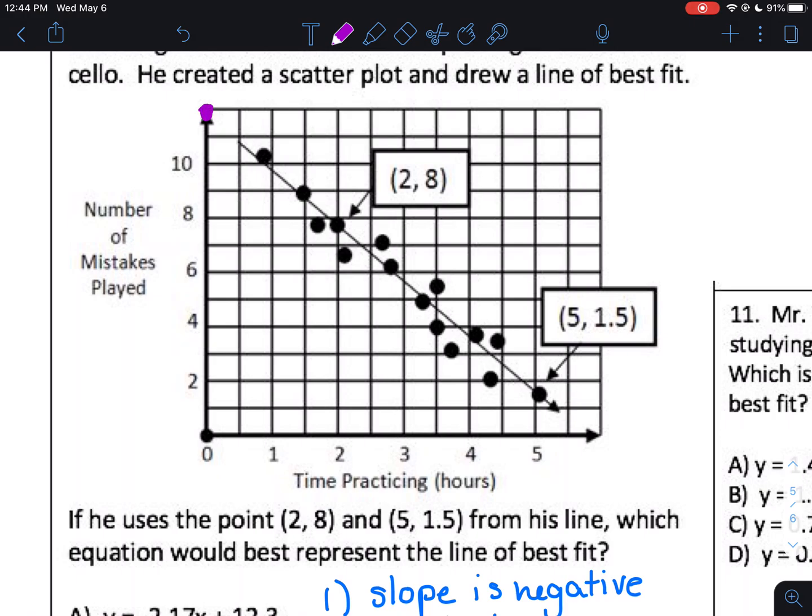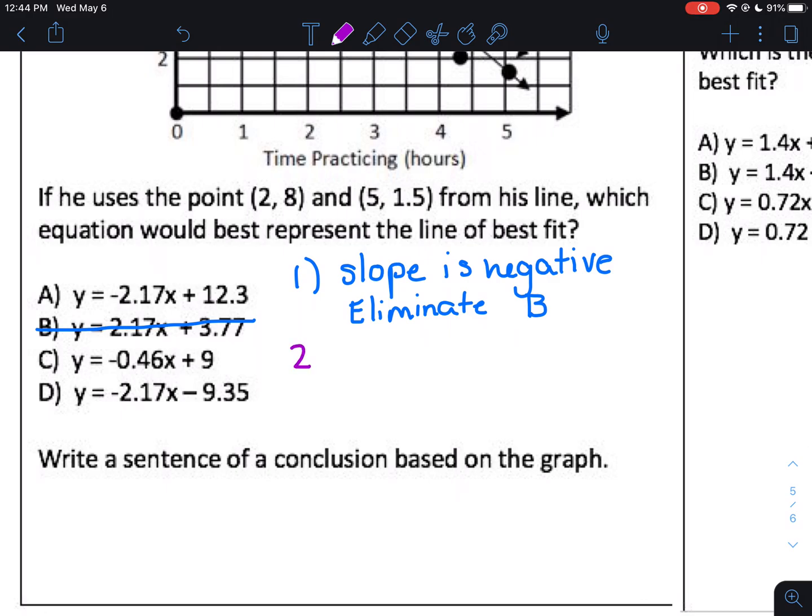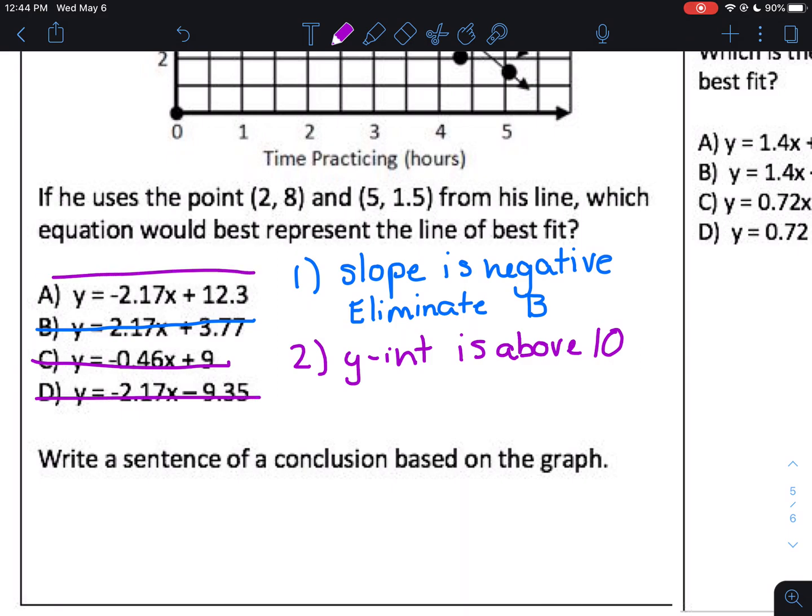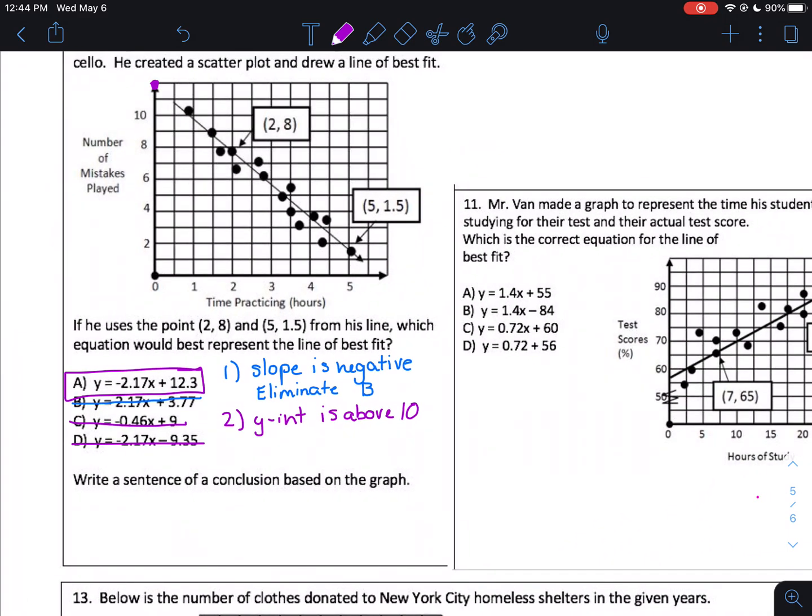It's going to be somewhere up here above 10. So the y-intercept is above 10, which means it can't be C and it can't be D, meaning your answer has to be A. Okay, so again, before you actually go through and try and find the equation of the line, you can use what you know about equations, about y-intercepts, about slopes, to use the process of elimination.